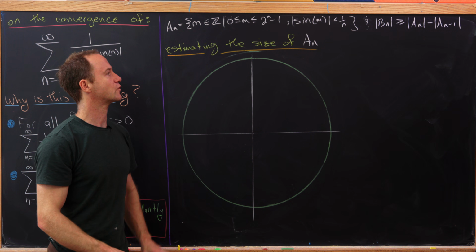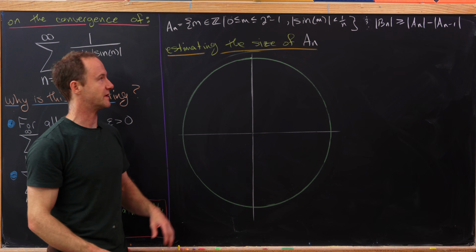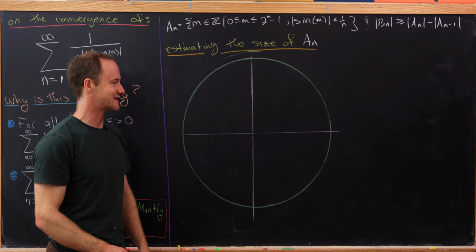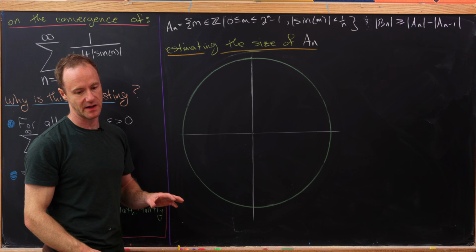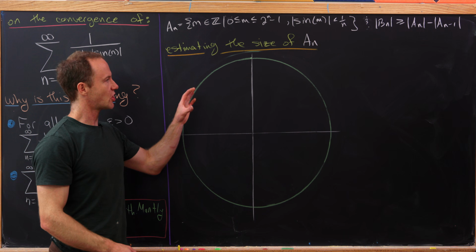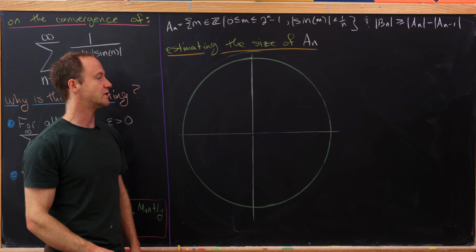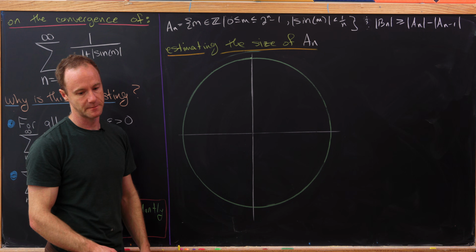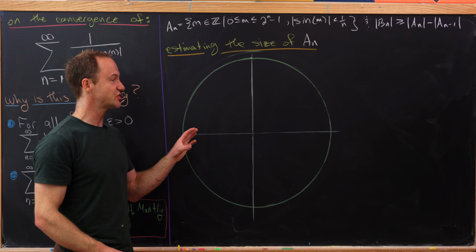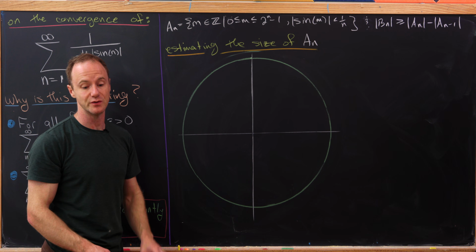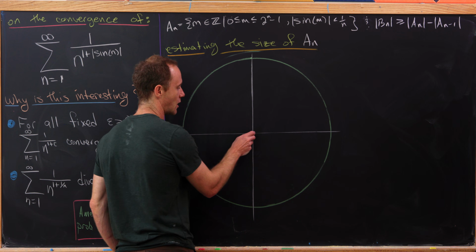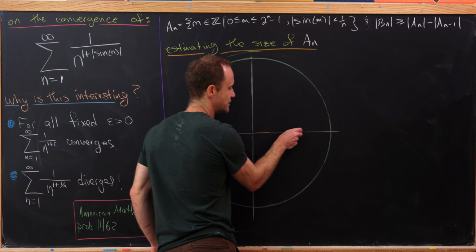Now here comes a really interesting part of this argument, and this is to estimate the size of a sub n. So we'll start with the unit circle within the complex plane. And then we're going to partition this unit circle into 7n equal arcs. So let's maybe do that here.